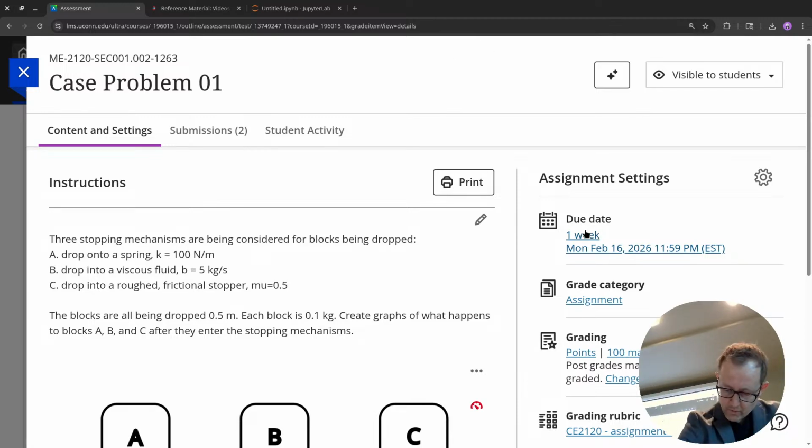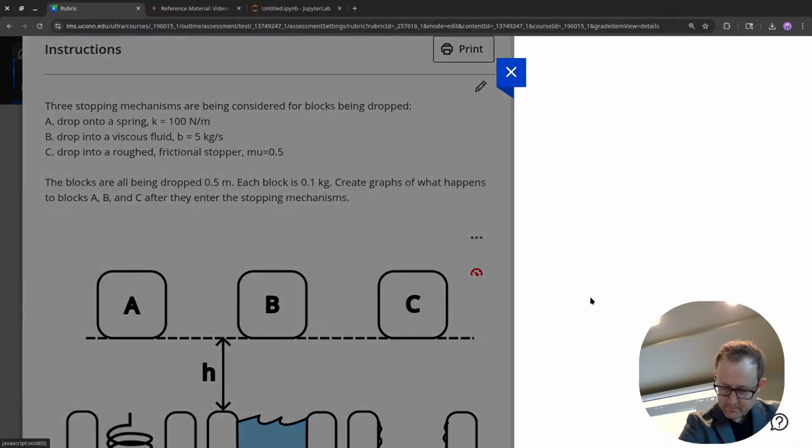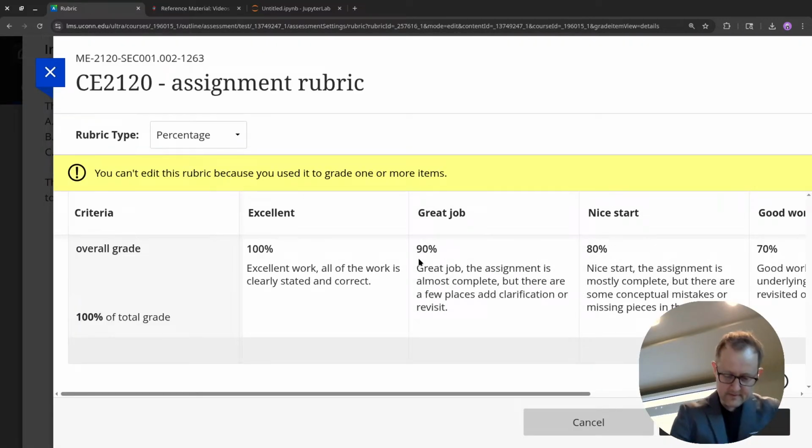There is a rubric. Let's see if this one pulls up. There we go. So you can take a look at the rubric that I have in there. For the most part, 100% means there's no notes, just nice job, you did everything that could have been done, and then going down from there, 90, 80, 70. 50% is usually like something's wrong with the assignment.